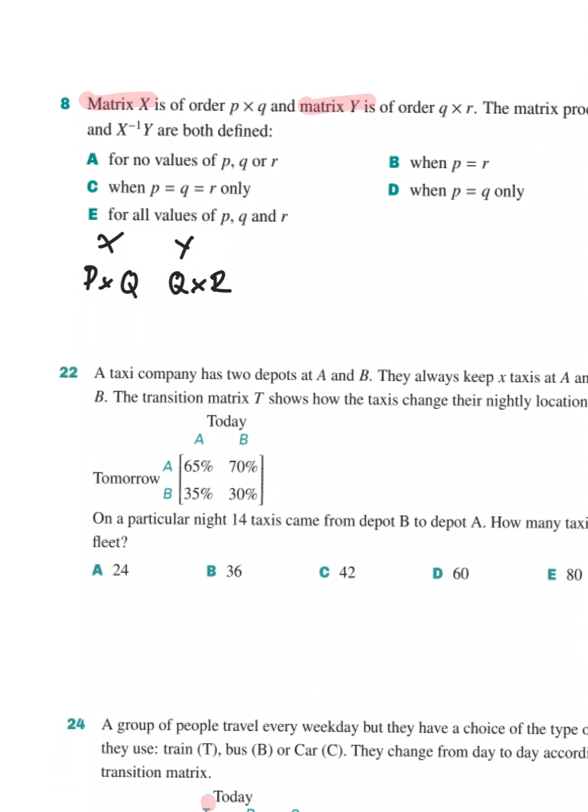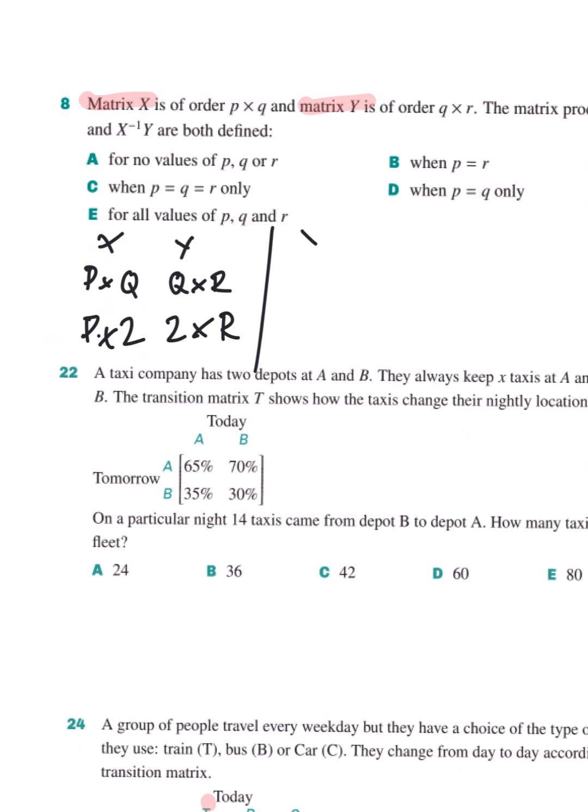But I'm going to give Q the value of 2. So it's got 2 columns in X, 2 rows in Y. Obviously that's defined.